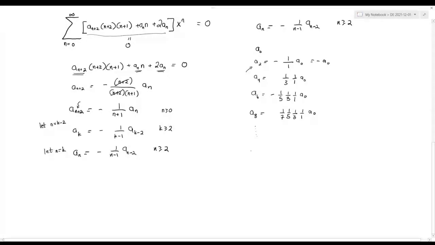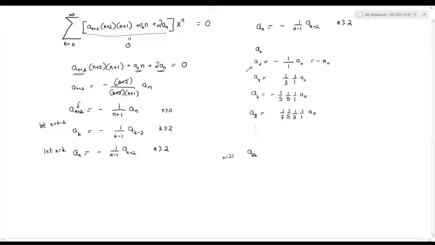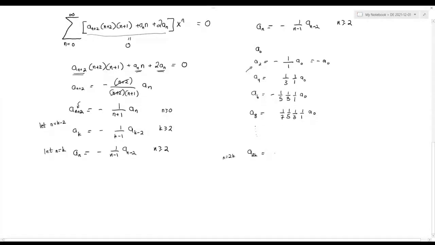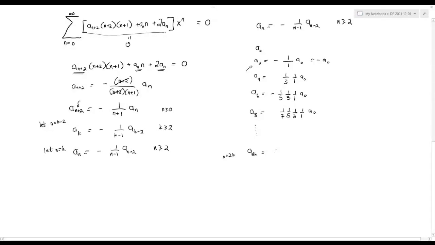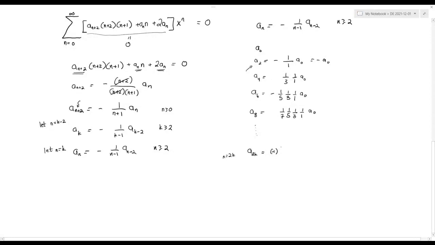And so we can guess that if you have an even index, so if n is equal to an even number, 2 times some integer k, then it looks like the pattern in the denominator, well, first of all, it's alternating, right? So that's going to be negative 1 to the power k or k minus 1 or something like that. And it looks like it'd just be the power k. How do I know?